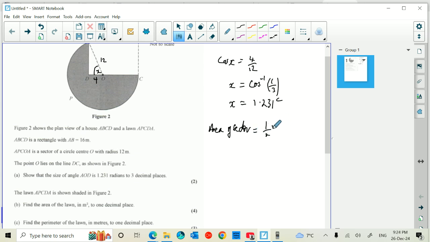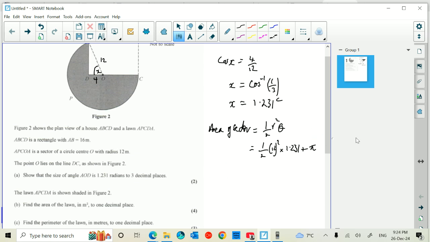We can just substitute in values: a half, the radius is 12, we've got to square it, and theta will be equal to, well, we found 1.231 in radians, and of course we have to add pi. So that's the area of the sector.